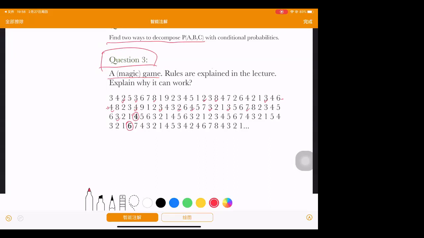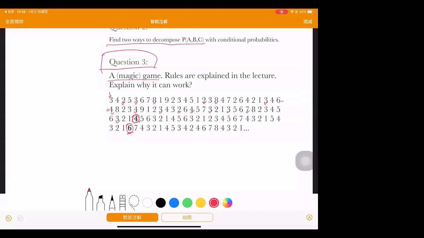Now you arrive at this 4, right? If you miss this 4, you will continue, and finally you will arrive at this 6. This is always the case, no matter where you choose the start point. You can start with the 3, you can start with this 1, or you can start with this 5. Just choose any initial number at the beginning of the sequence.